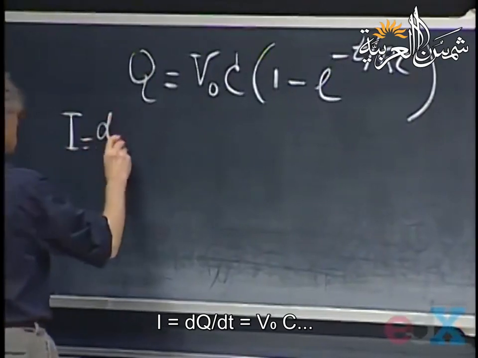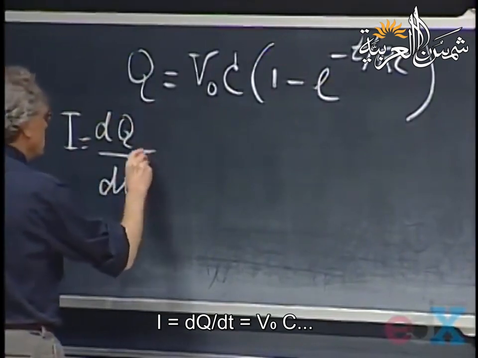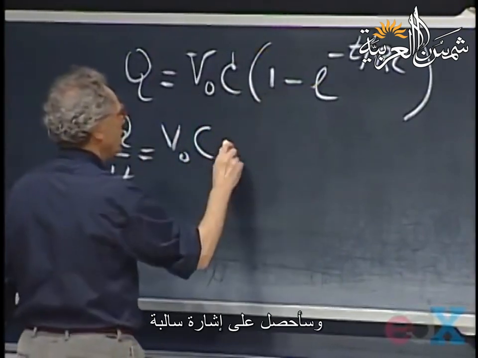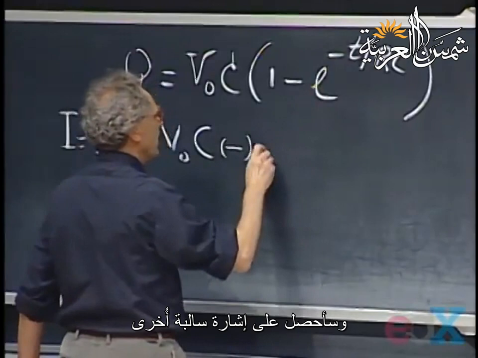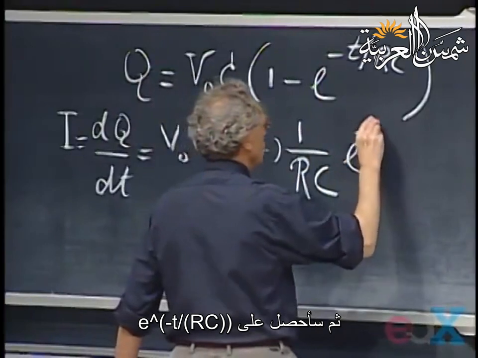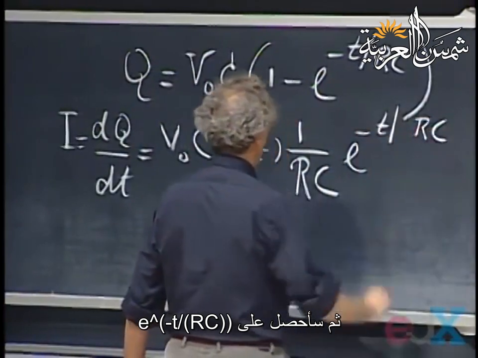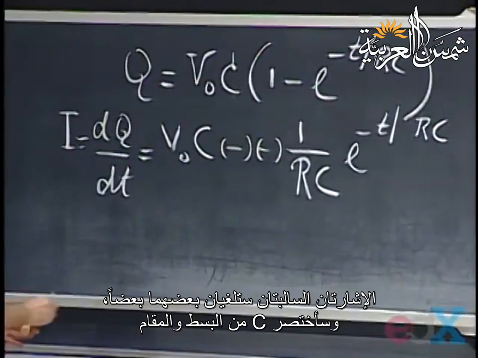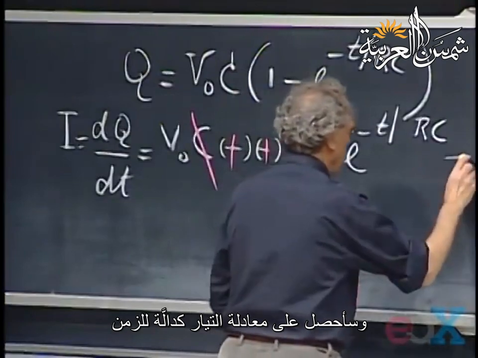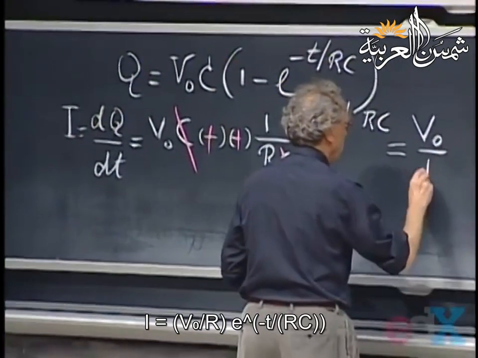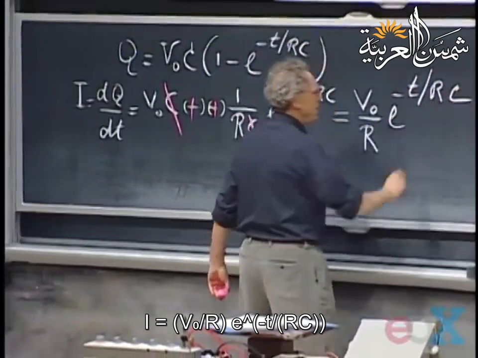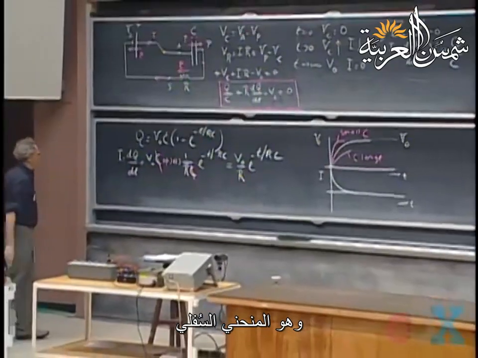So I becomes V0 times C, I get a minus sign, another minus sign, then 1 over RC, and then e to the minus t divided by RC. So the two minus signs eat each other up, and I lose one C, and so the current as a function of time is V0 divided by R times e to the minus t divided by RC. So that's the curve at the bottom.